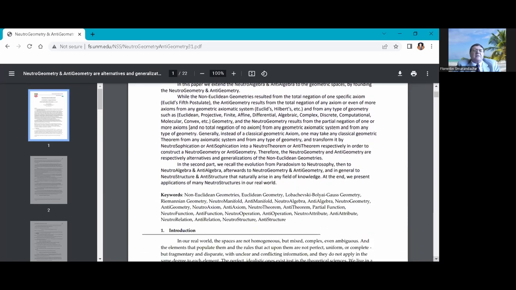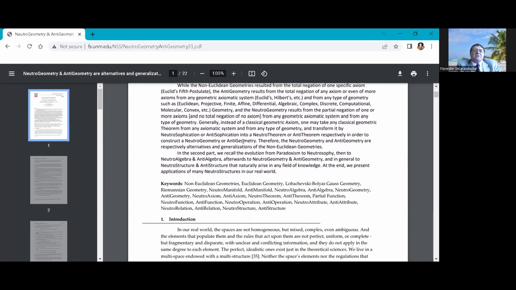So I have explained in this paper the distinction between neutrosophic geometry, anti-geometry, which is a generalization of non-Euclidean geometry, and other types of geometry.